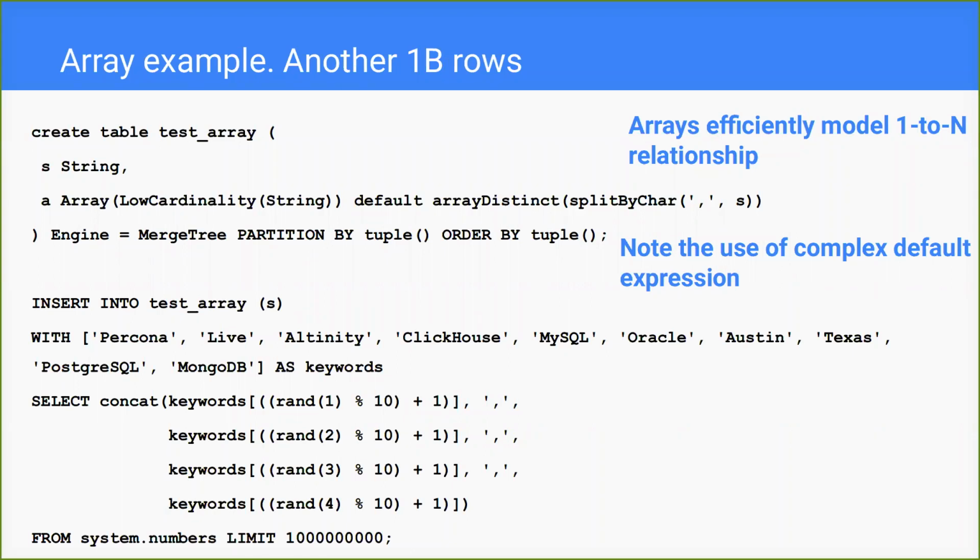Here's another example. Let's look at arrays and think about how those work. Arrays are a very common data type, as I mentioned, and supported very well by ClickHouse. So we just want to consider what's the performance of arrays when we're using low cardinality. We're going to compare an array with low cardinality versus a string.